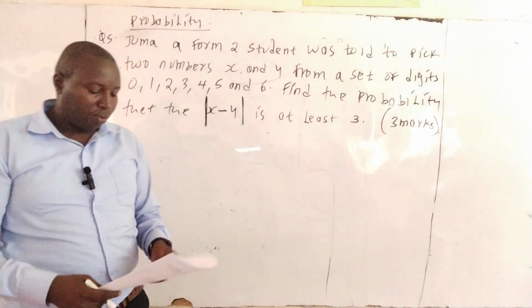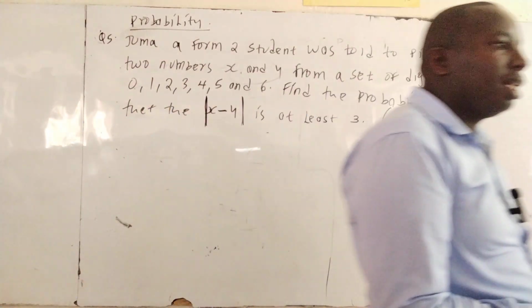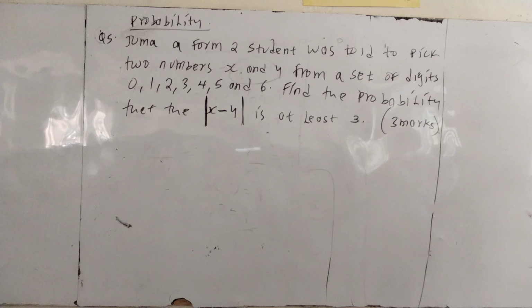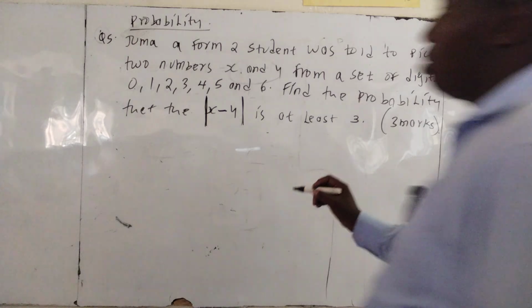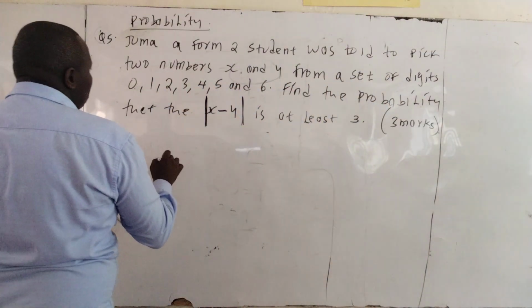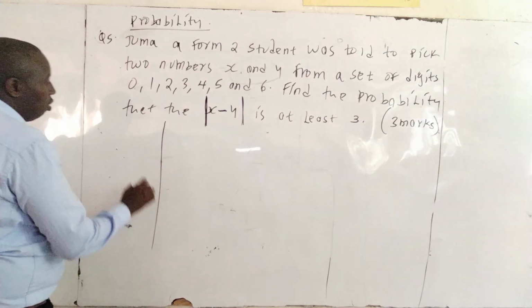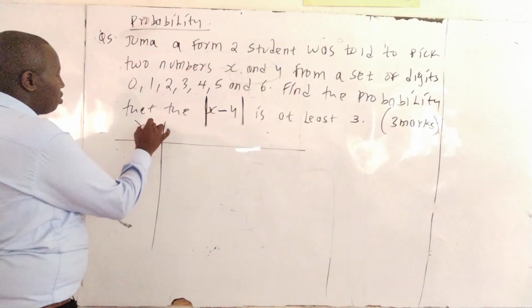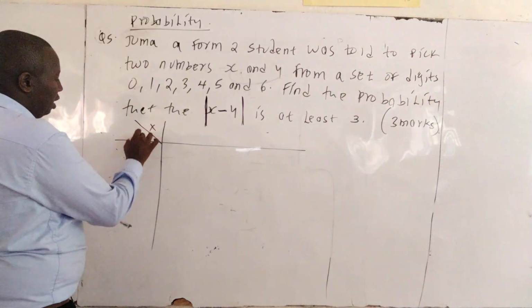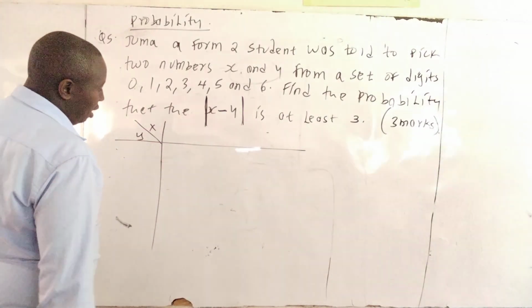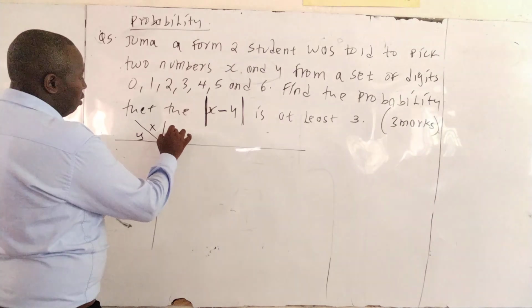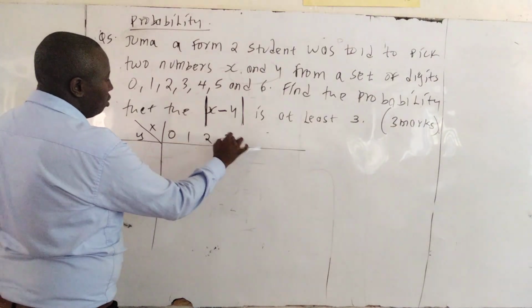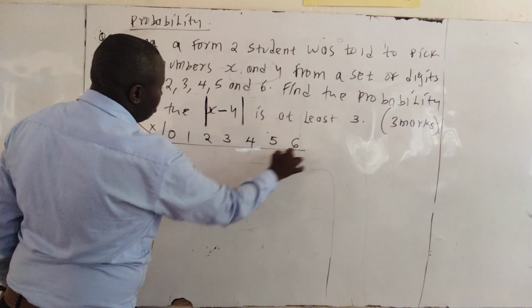So in this kind of question, you are supposed to create a probability space. Because it is picked from the digits 0 all the way to 6, you are supposed to create a table. Make the values of x there and y there. So x runs horizontally from 0, 1, 2, 3, 4, 5, and 6.